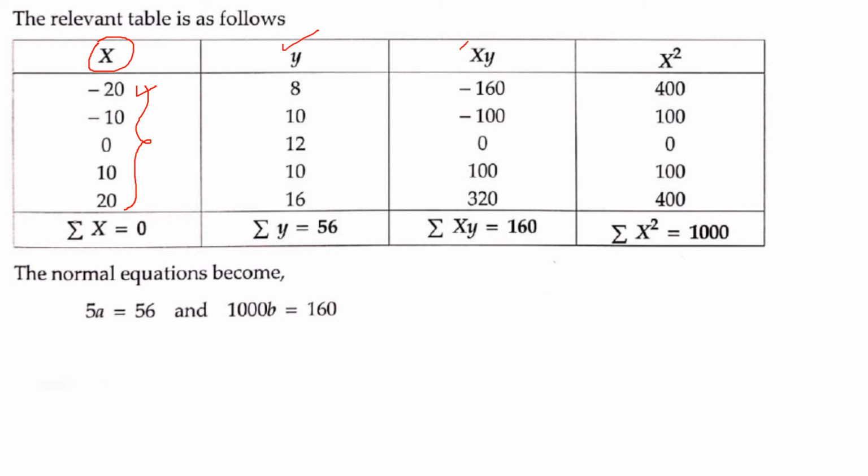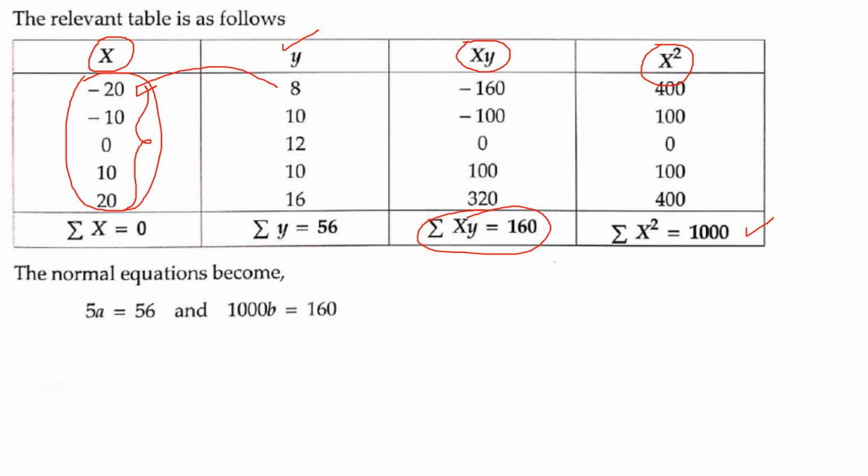As required in the table, capital X small y product, then the summation. We multiply the capital X and small y values, and the X square column, we square all these values. If we square, we get this as a summation.